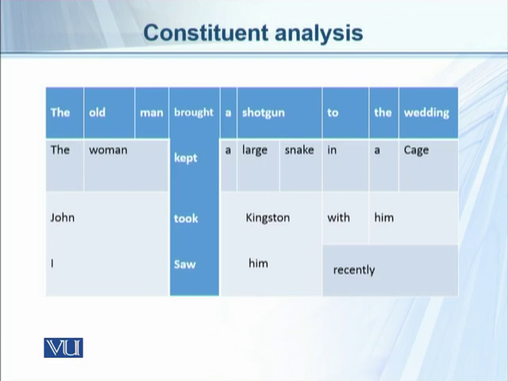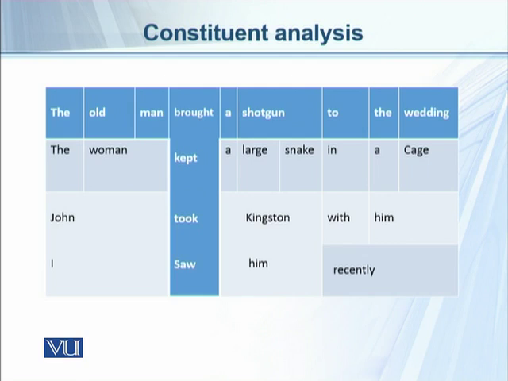So this understanding of constituent analysis helps us understand how smaller constituents form bigger constituents, how bigger constituents can be replaced with smaller constituents, and how different constituents work in a sentence.